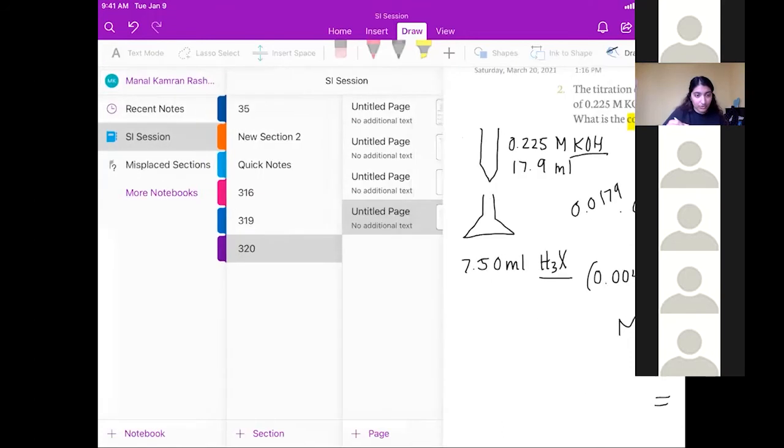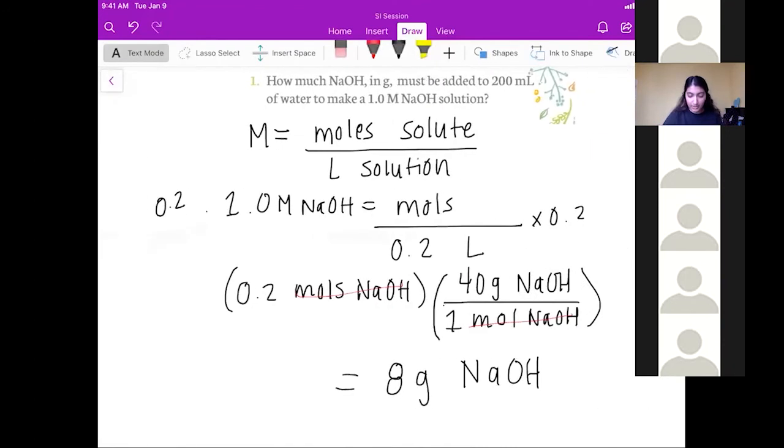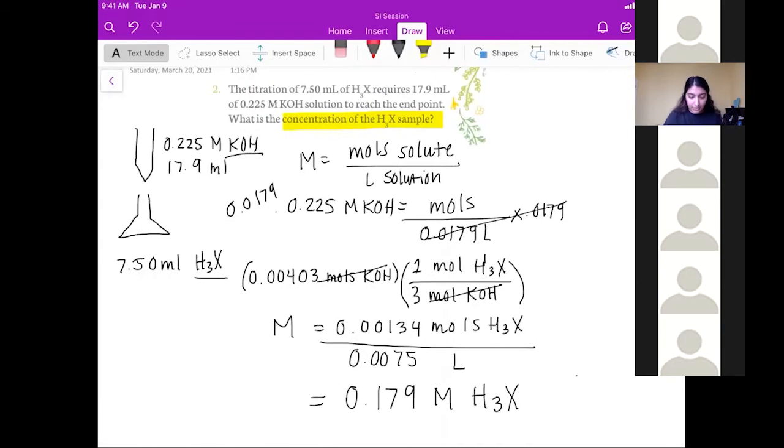Why didn't we use M1V1 for this one? This one only has two numbers given to us, because it is asking how much of one thing we need. Are you talking about the titration? This one explicitly tells you that it is a titration problem.